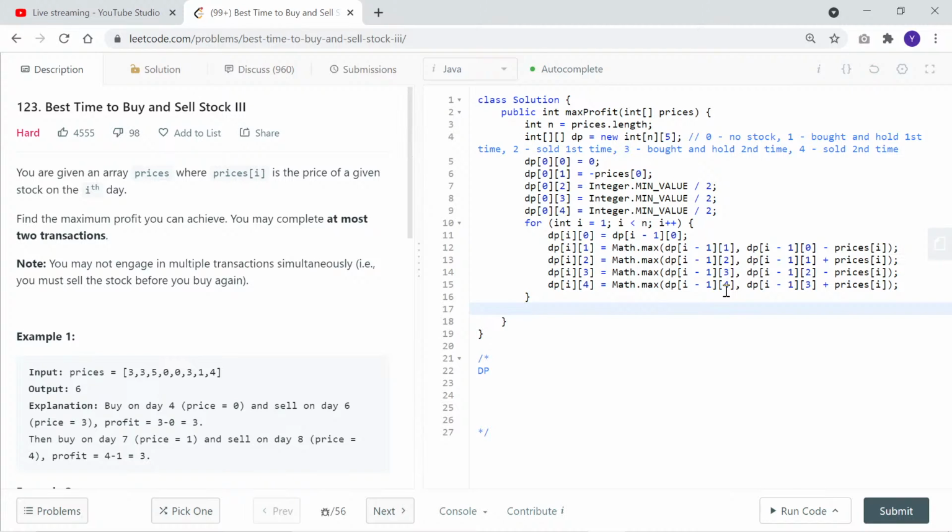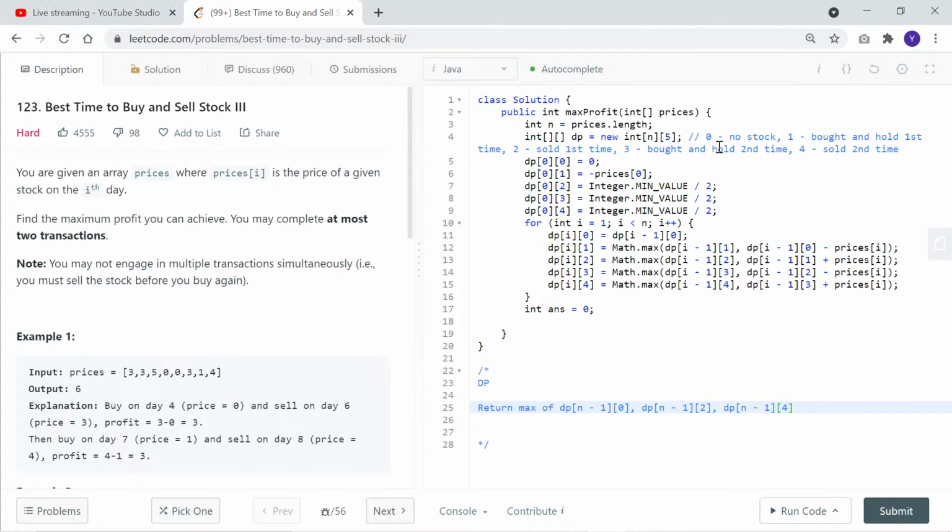In the end, we just need to return the answer. Firstly, we define the answer, and then we return the max of dp[n-1][0], dp[n-1][2] and dp[n-1][4].